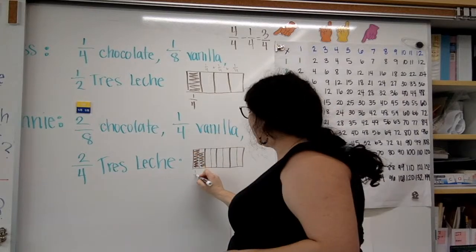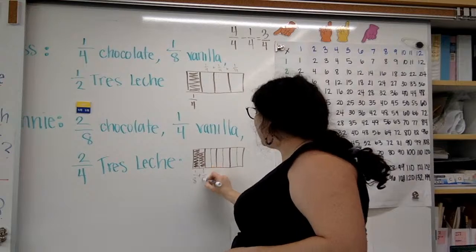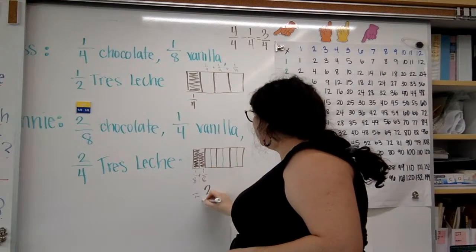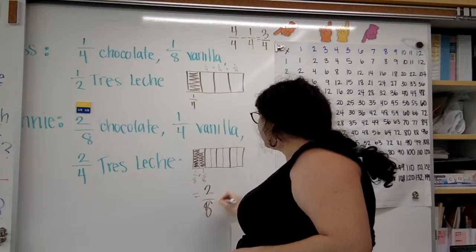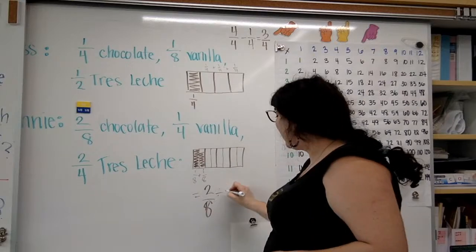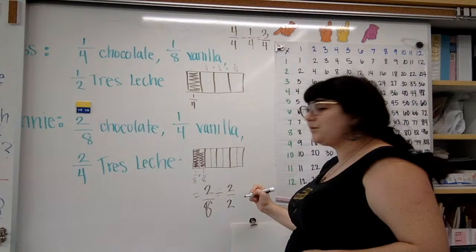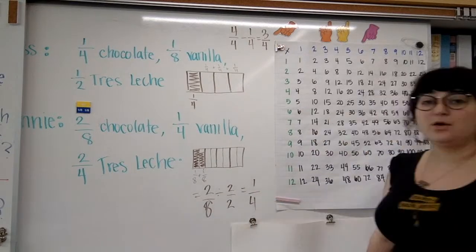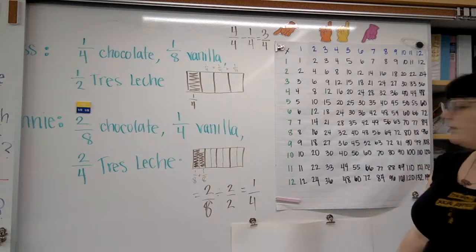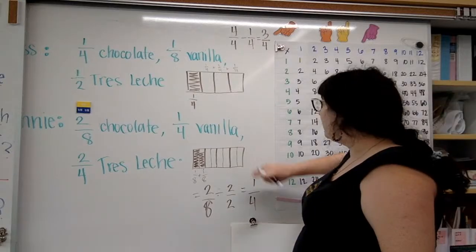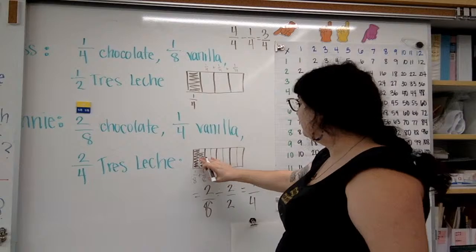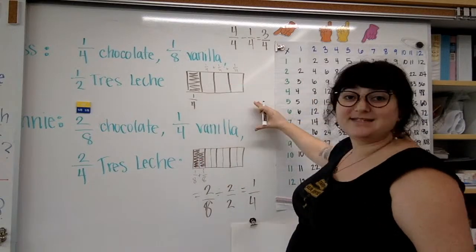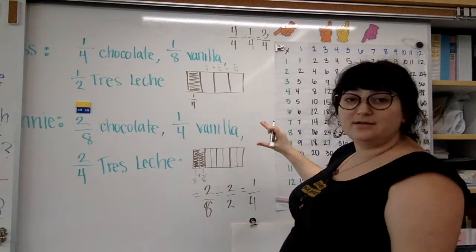Those are 1/8 plus 1/8 equals 2/8. And I know that I can divide this by 2/2. We determine that that equals 1/4. Well, this is actually 1/4 of the same chocolate cake that Jess ate.